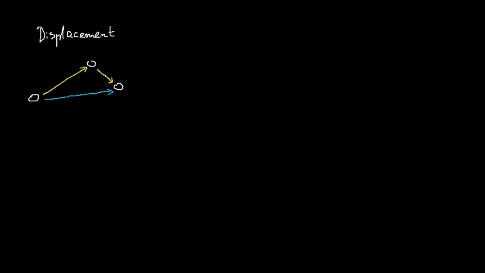But then we have seen that there are examples of other vectors, like say the velocity vector. So what if I now want to think about the velocity of the ball? Now, what does it mean if I have a velocity vector?